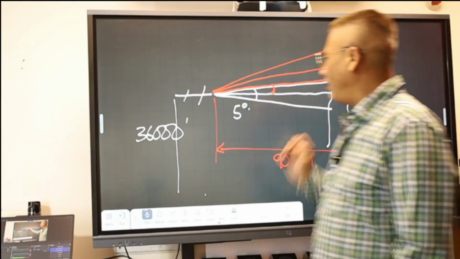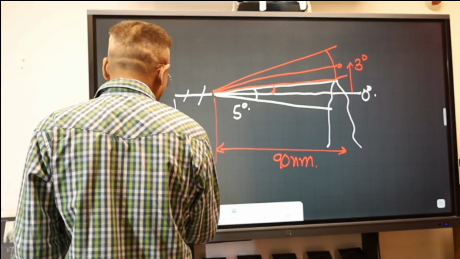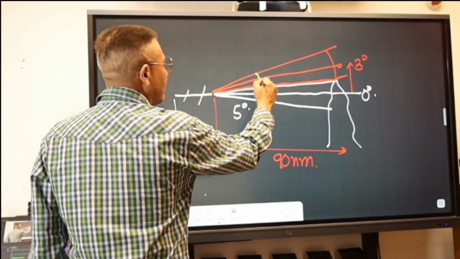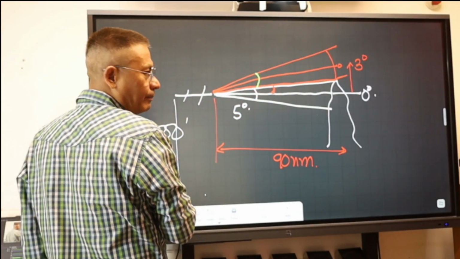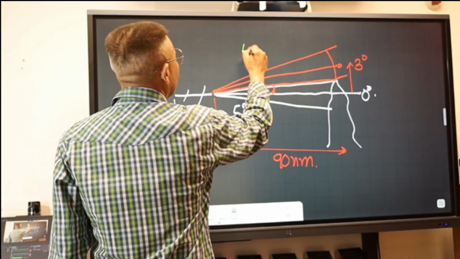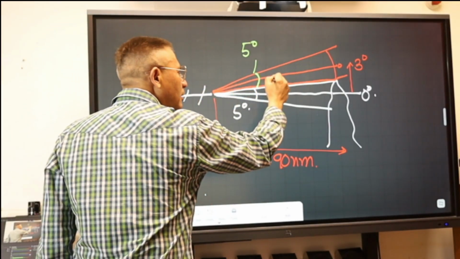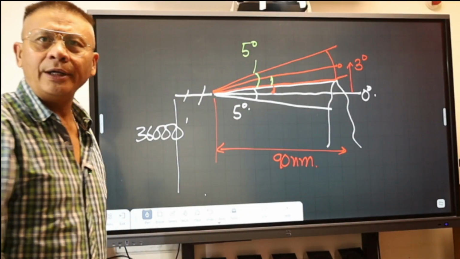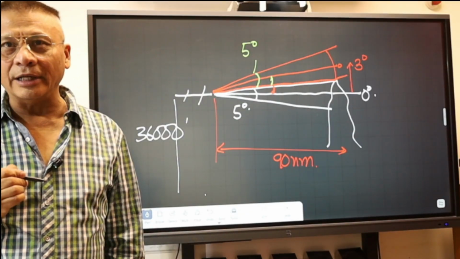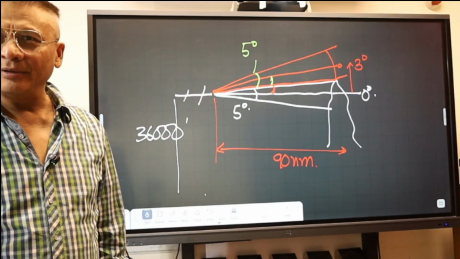And since the beam width of this weather radar is 5 degrees, as I mentioned in the beginning, how much will this angle be? This angle will be half of the beam width, that is 2.5.